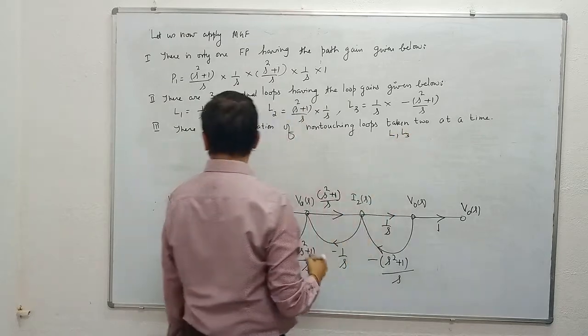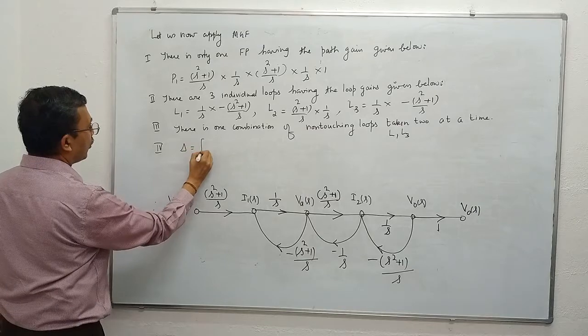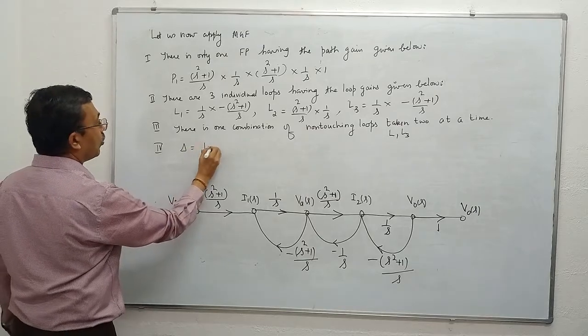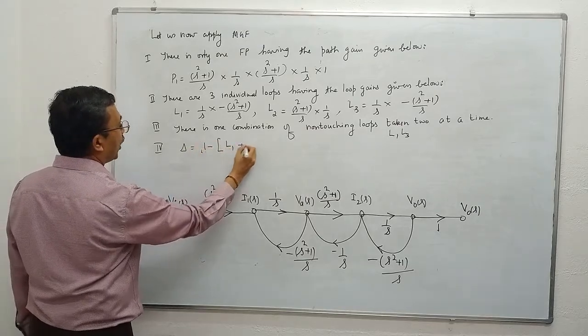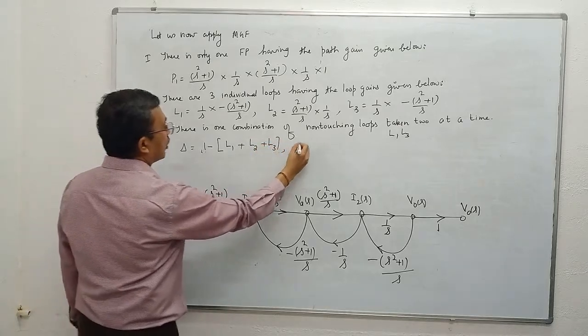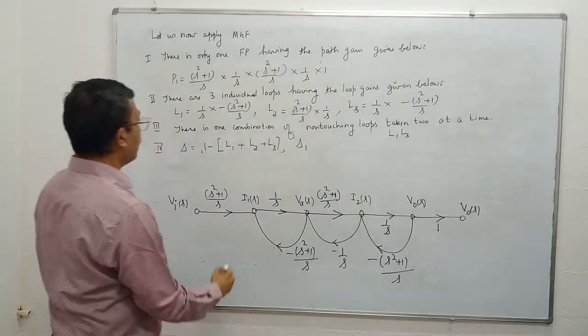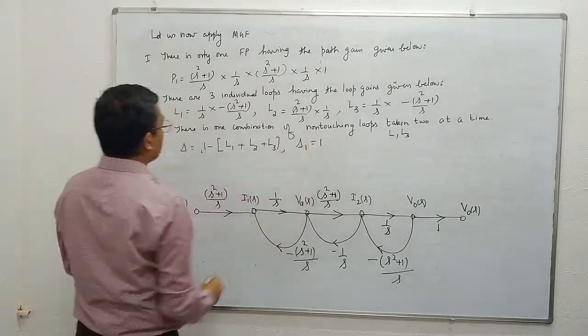L1, L3. Next, what is the determinant of the signal flow graph? Delta is equal to 1 minus the sum of loop gains L1 plus L2 plus L3. Delta 1, for the first forward path, all the loops are touching, therefore delta 1 is 1.